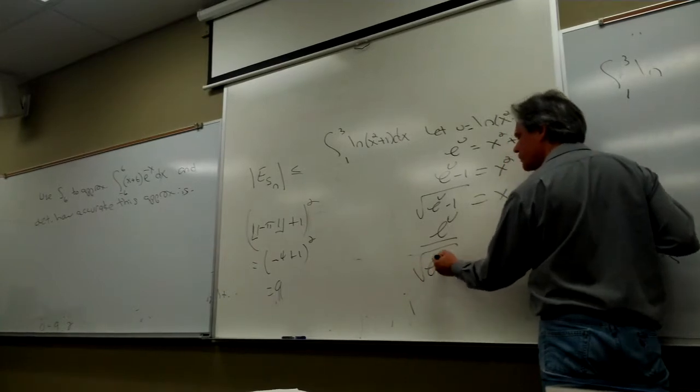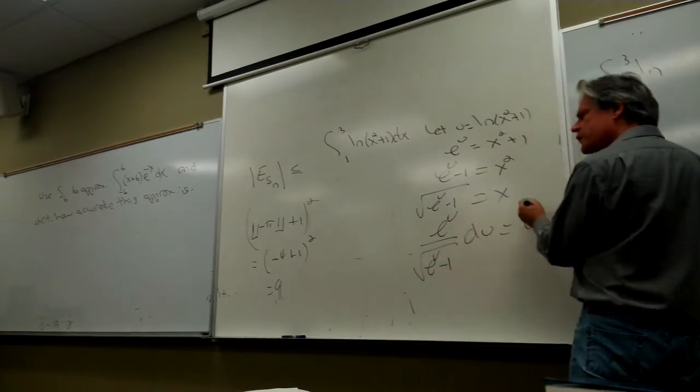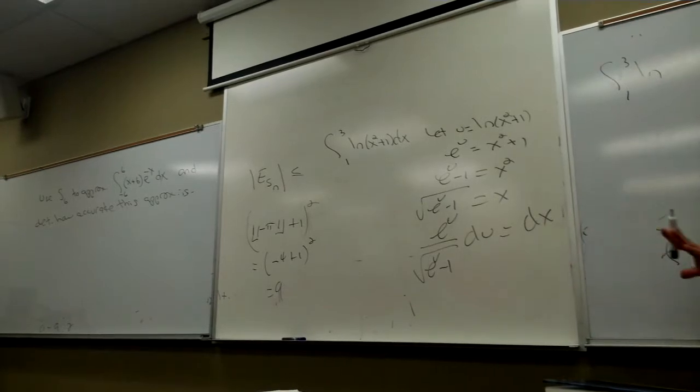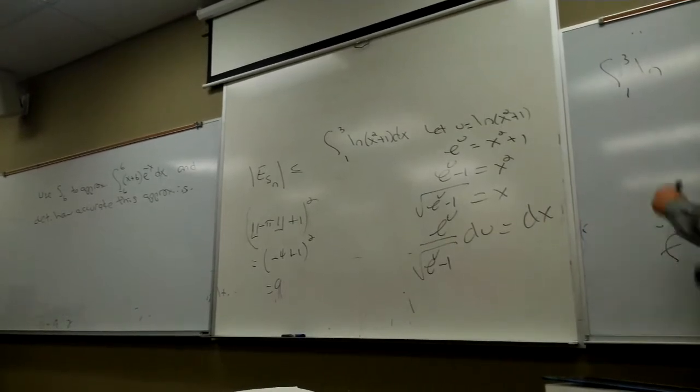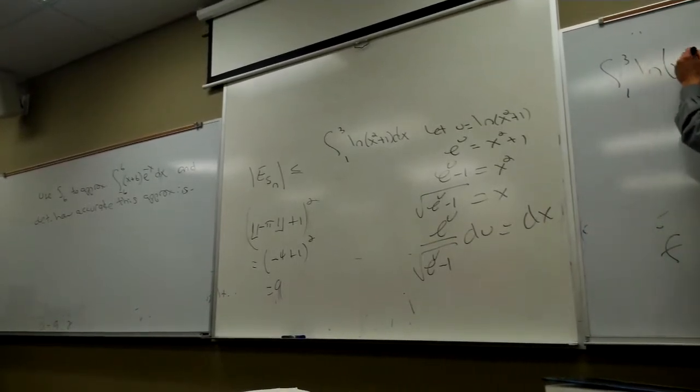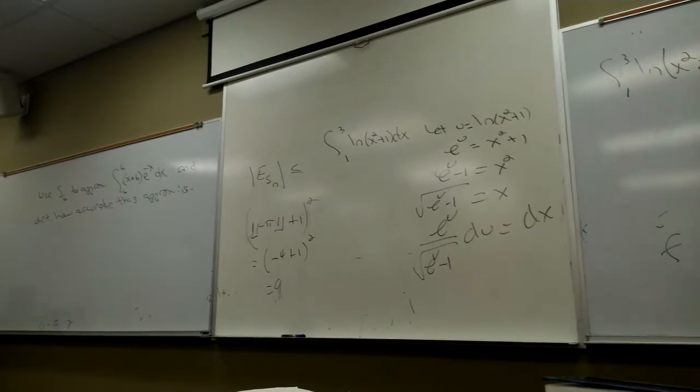Then I did U subs with that too. That's where you stop and apply your substitution. So you're saying this is equal to another integral. Another name for the natural log of all that was u, and your dx ends up being this mess.